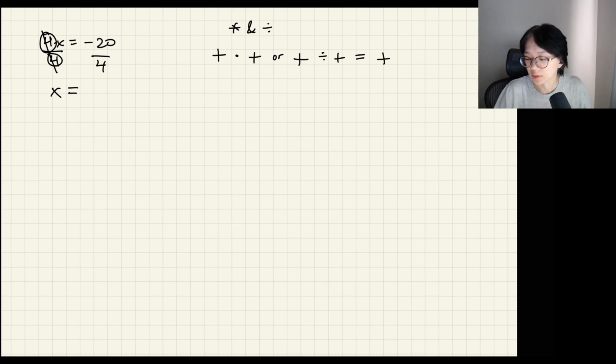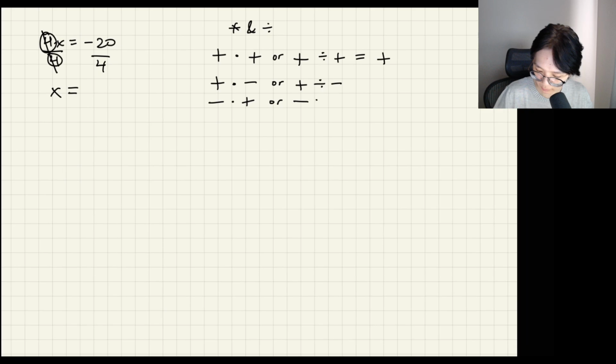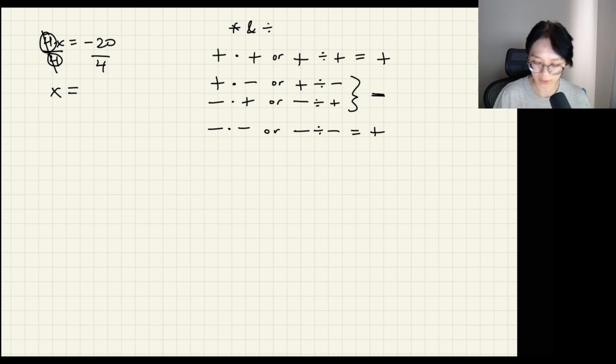Positive 2 times positive 3 is positive 6. If a positive times a negative, or a positive divided by a negative, or a negative times a positive, or a negative divided by a positive, that's going to equal a negative. Negative times a negative, or negative divided by a negative, that's going to equal a positive.